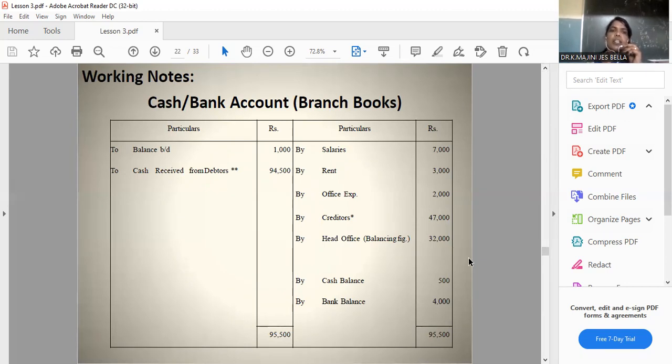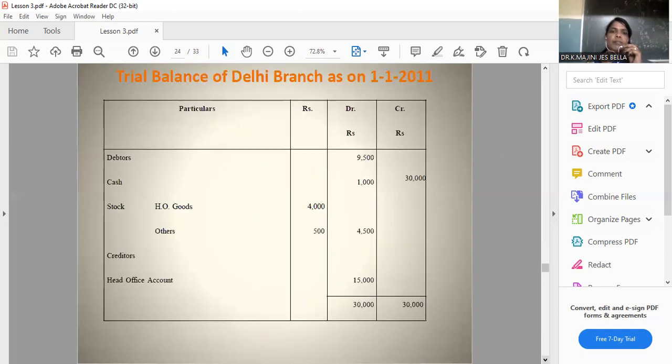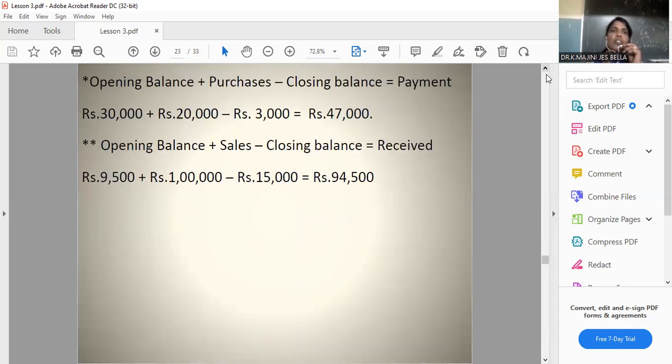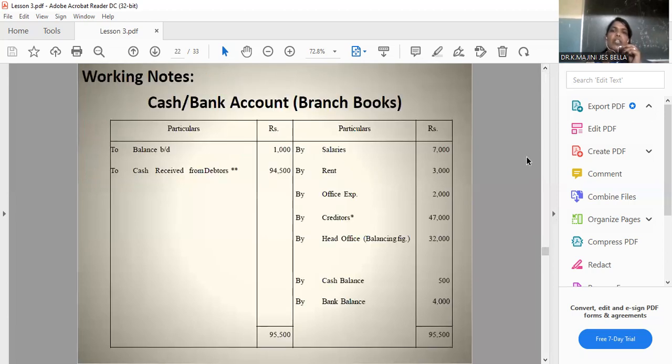Then you come to this cash received from debtors. You just come for the calculation. Opening balance, they have given 9,500. Then sales. During that period, the sales value is 1 lakh, right? So we should add that sales with the opening balance. Then we have to subtract the closing balance. Closing balance 15,000. Okay. So when we are subtracting this amount, we will get the 94,500.